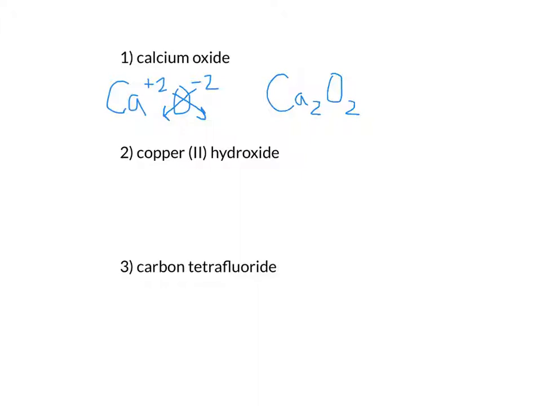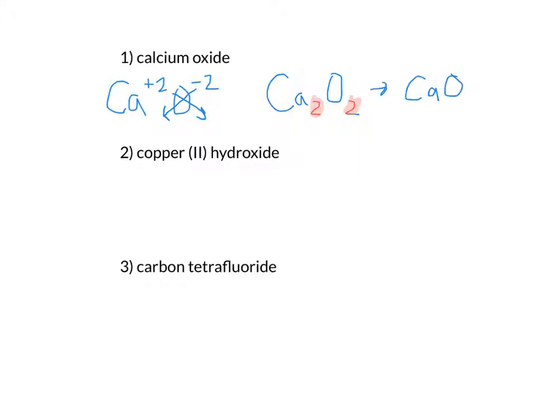In this instance we can reduce this, since these are both 2s. We can take a 2 out and reduce it to ones. And we don't write ones, lazy chemists. We would just write that as CaO.